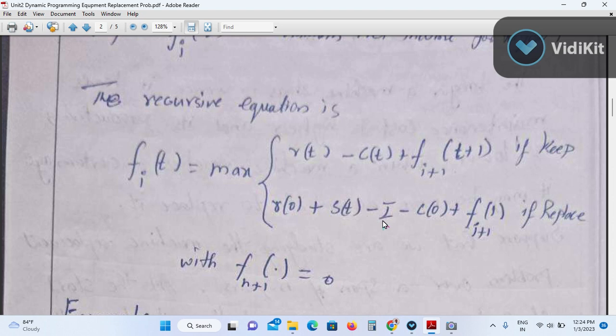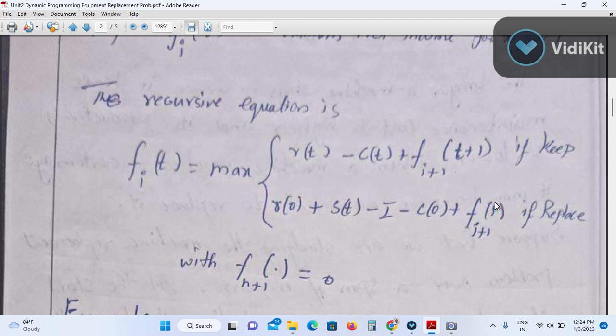And you are going to subtract the cost of the new machine, because you are going to purchase the new machine and sell the old one. And the cost price for the new machine is c(0).